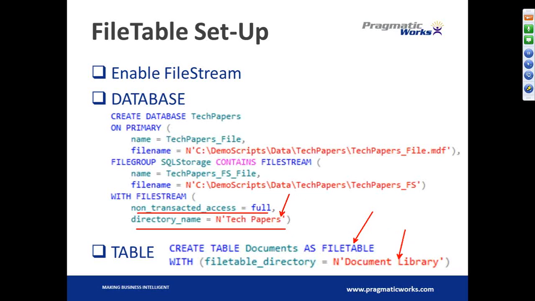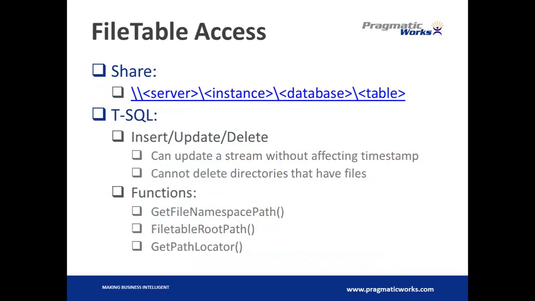So we're creating a path that's going to be used to create that share once this table is created. So this is what the share looks like once we create it. We have the server name, the instance, database, and table. This is the form that our shares take.